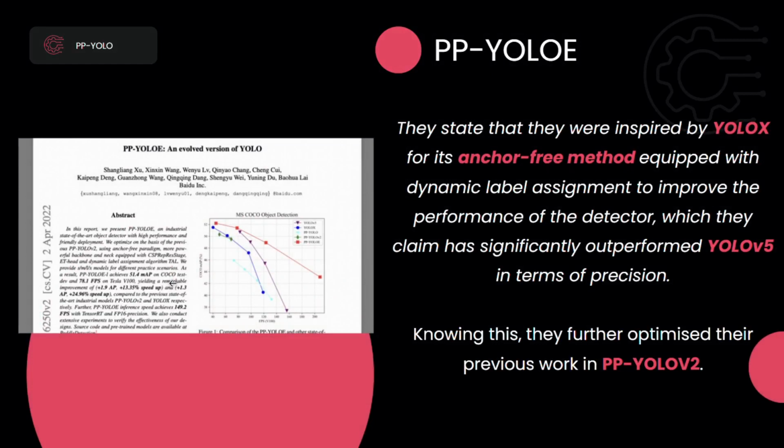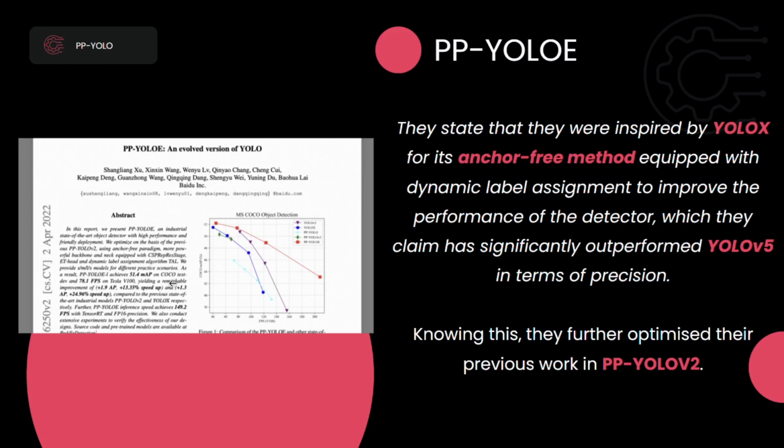They state that they were inspired by the YOLOX model for its anchor-free method, equipped with a dynamic label assignment to improve the performance of the detector, which they claim has significantly outperformed YOLOv5 in terms of precision. Knowing this, they further optimized their previous work in PP-YOLOv2.